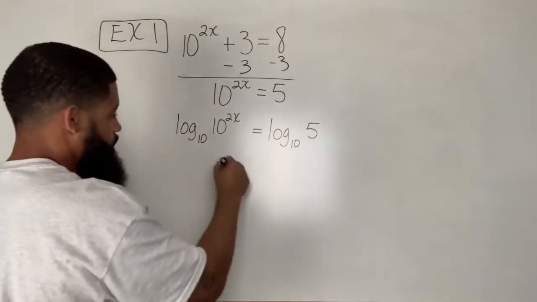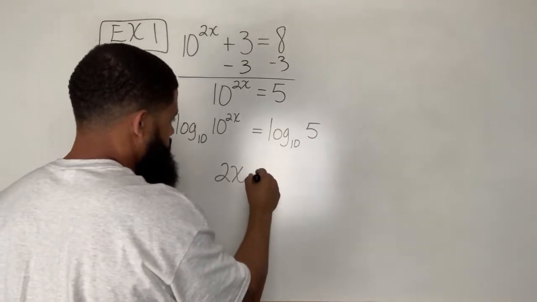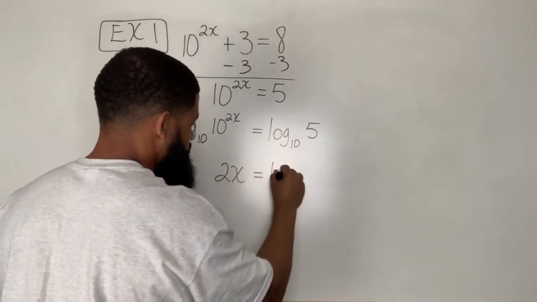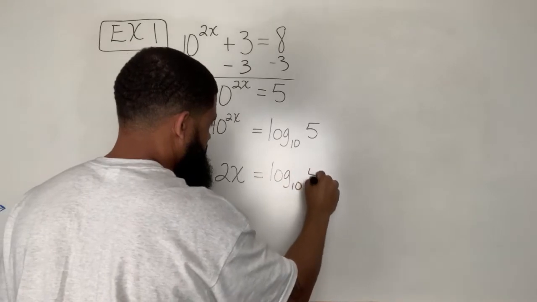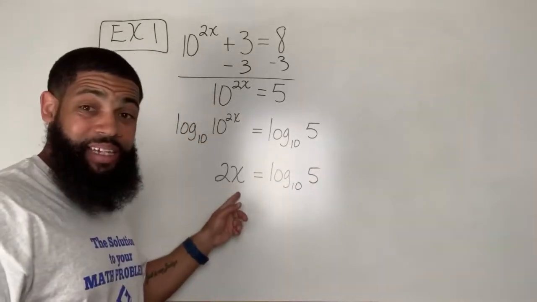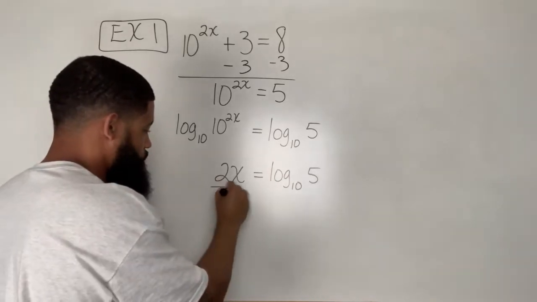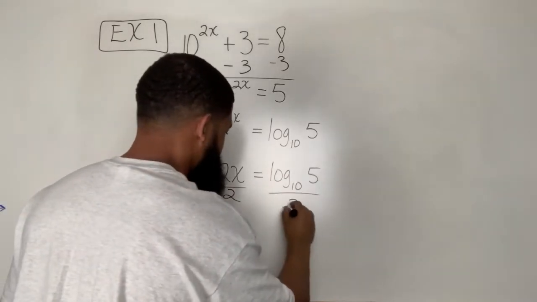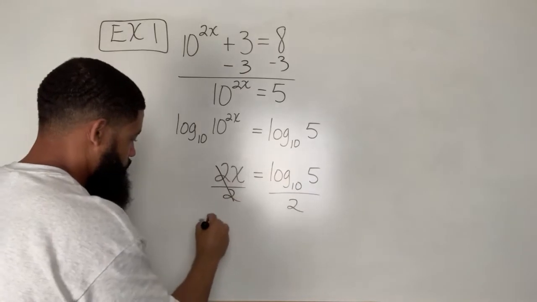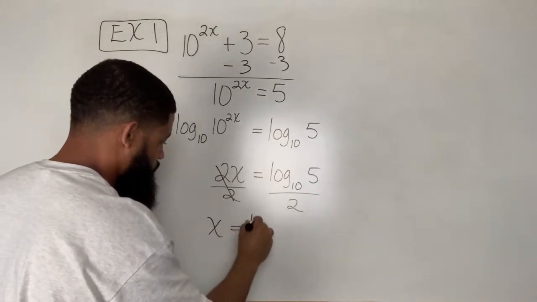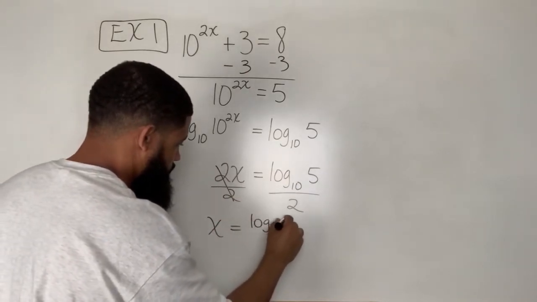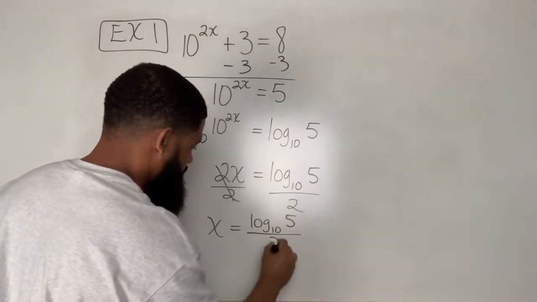So I'm going to be left with 2x equals log base 10 of 5. Now, I need x by itself. The opposite of multiplying by 2 is dividing by 2, so I'm going to divide both sides by 2. That cancels. So x is equal to the log base 10 of 5 divided by 2.